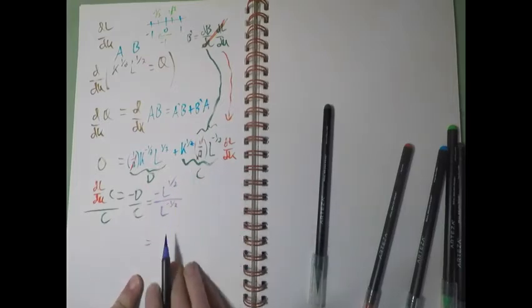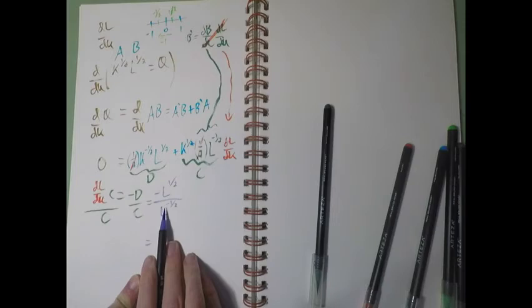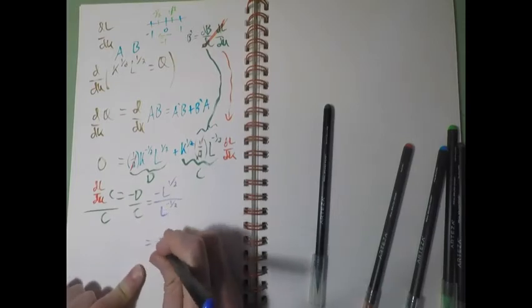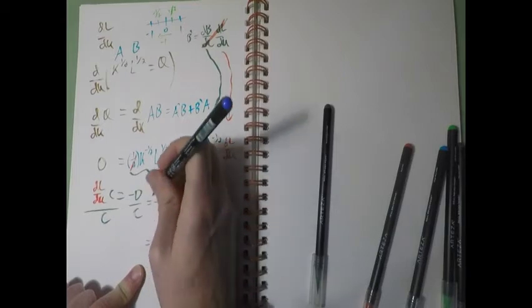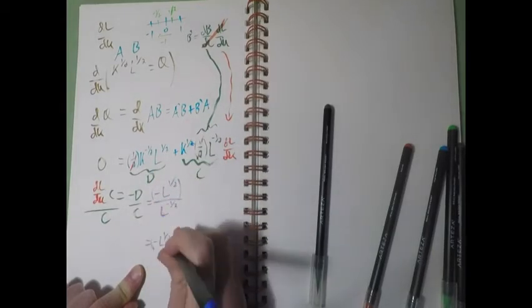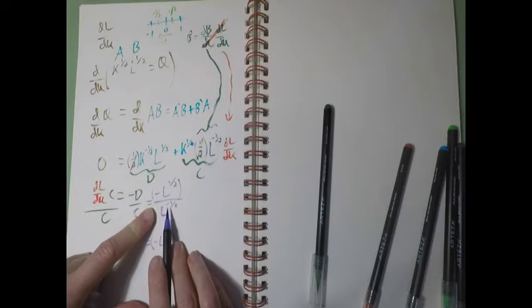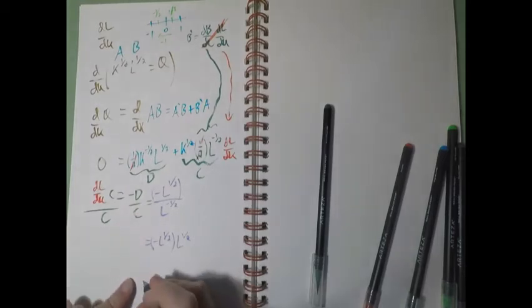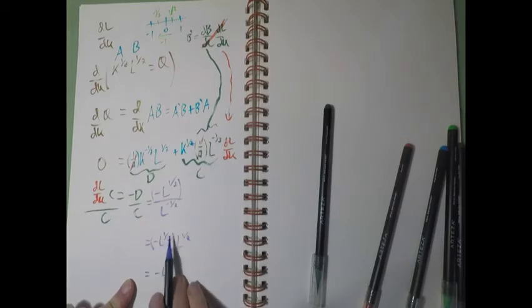And then we're going to have some other stuff. But if we've got a negative exponent, our top term, instead of divided by the negative exponent, we can think about this as multiplied by the positive exponent. And what's that going to give us? Well, L to the 1/2 times L to the 1/2, that is going to give us minus L. These exponents we're going to add together.